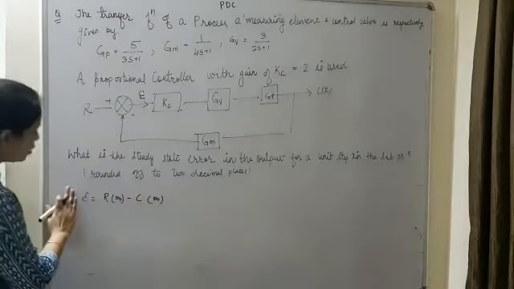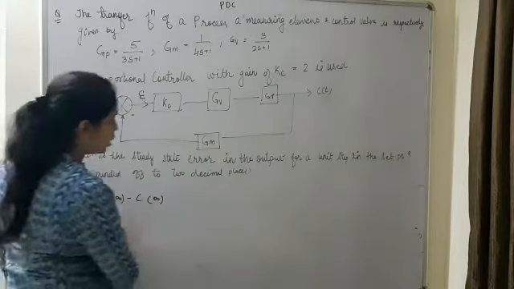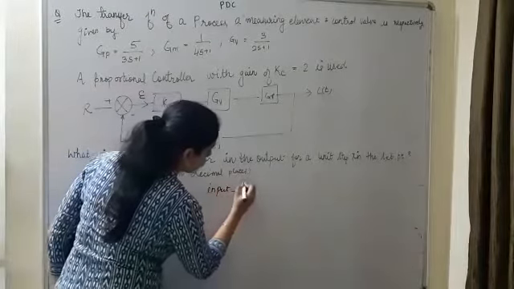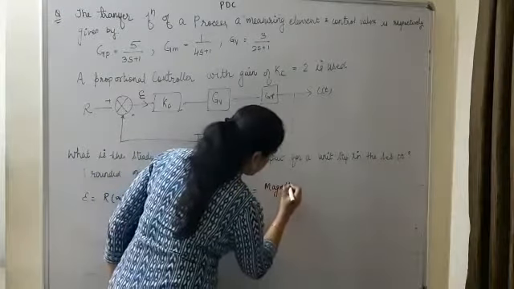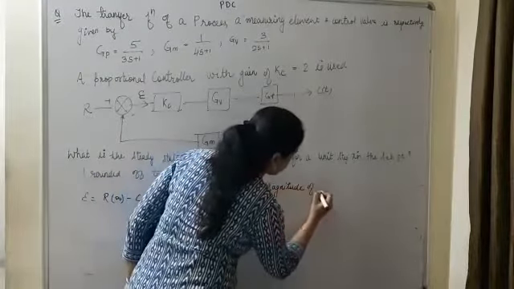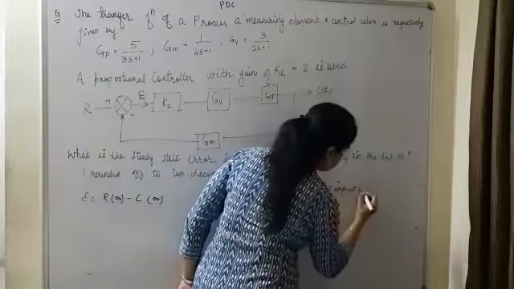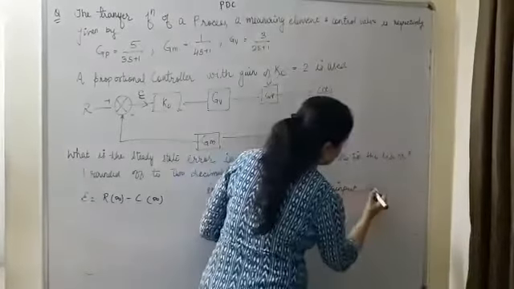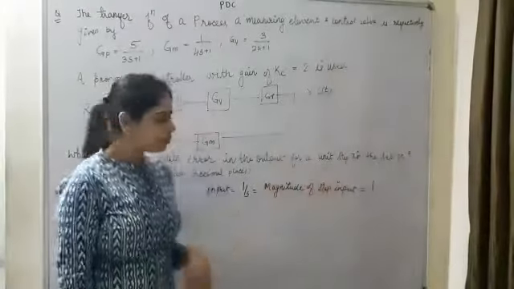We need to find the error, and the R input is given as a step input, which is 1 by S. If the magnitude of a step input or any input is not given, then we consider it to be 1, or if it is given, then no problem.